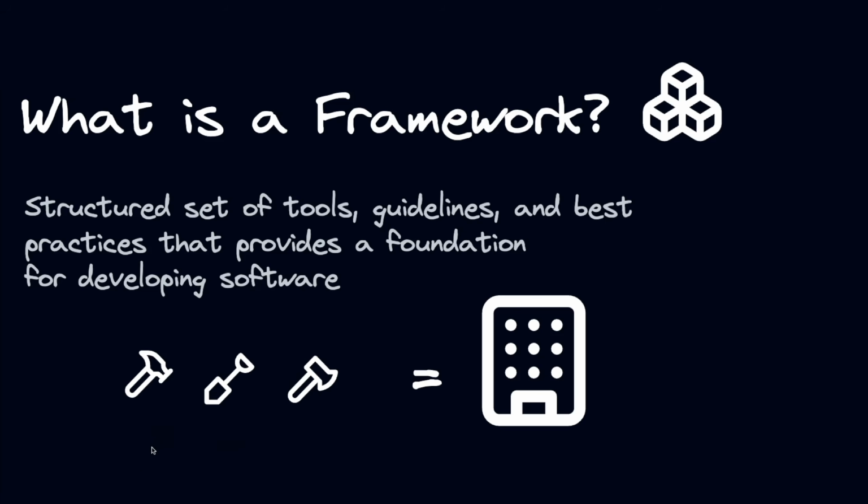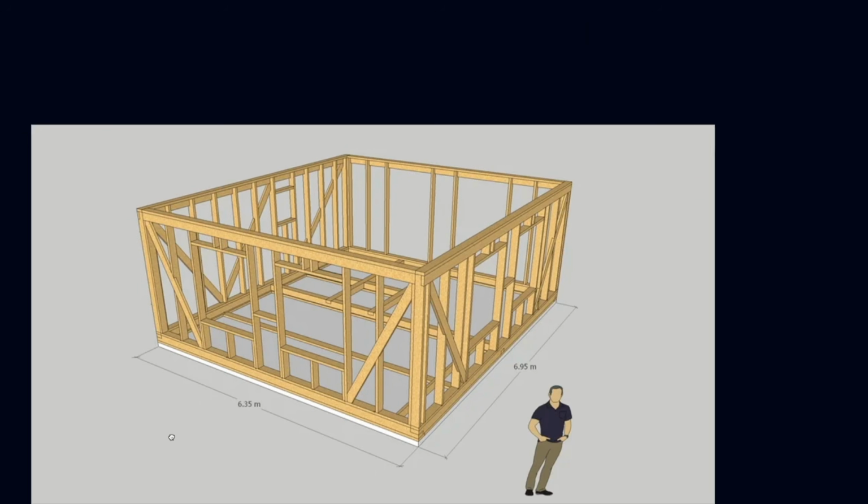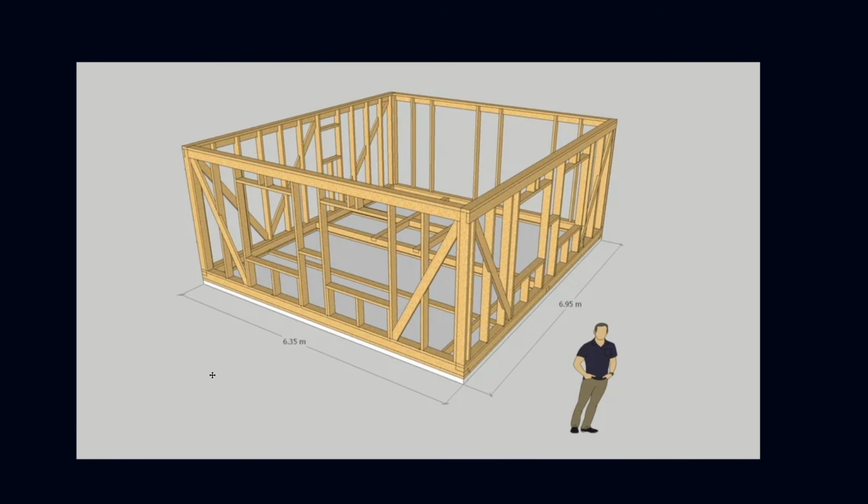Now I want to show you this image, guys, that I have down here. Basically, this is the image that I think of when I think of a framework. This is a framework in construction, and basically this is what a framework gives us. Think of it as boilerplate code that we can grab and follow to keep building on top of.